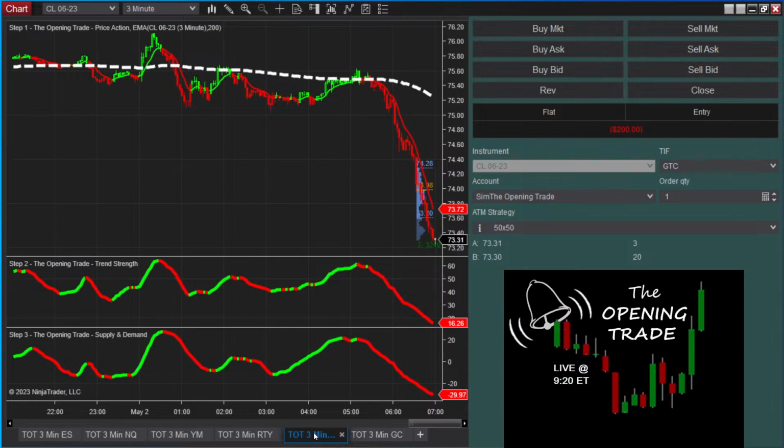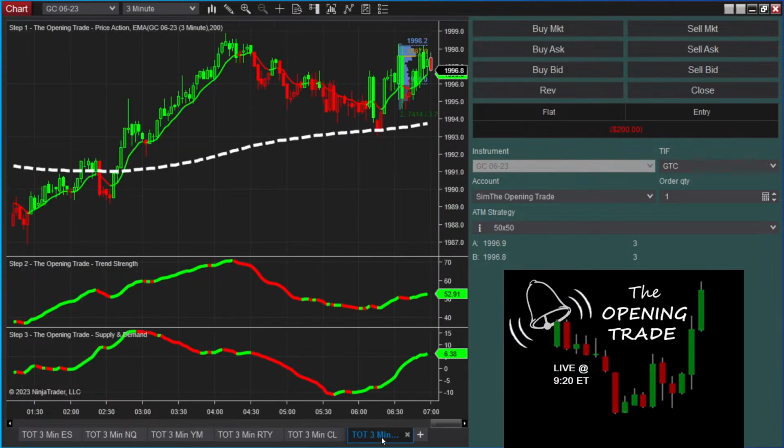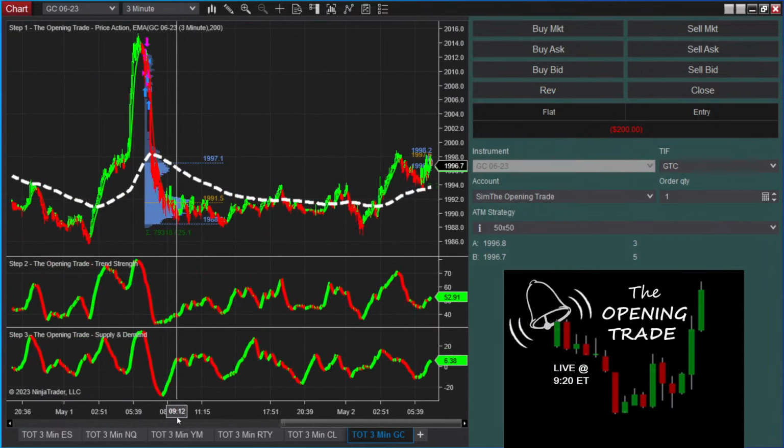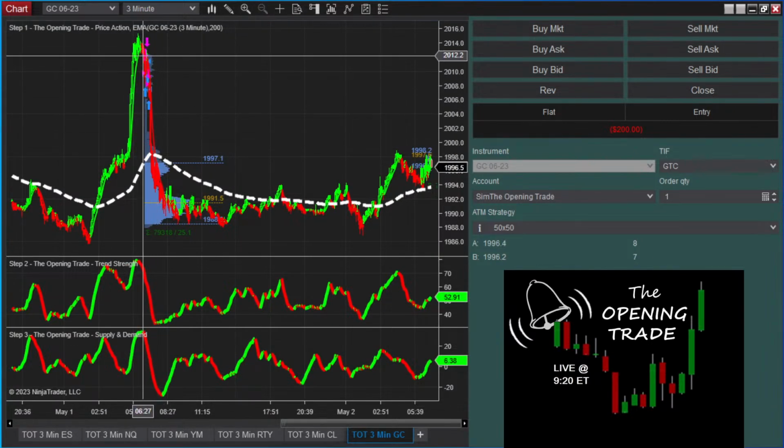sometimes that happens. So crude oil still no manual trade viable because it's still making its pull down. And gold, there's no trade yet because we're above the 200 period EMA, so maybe gold's retracing what it did yesterday.